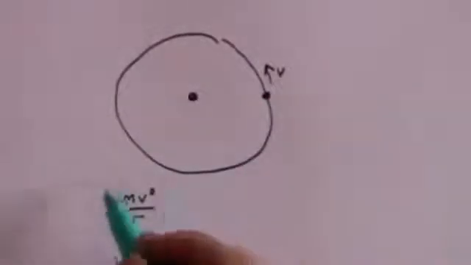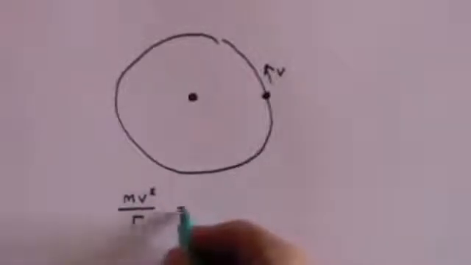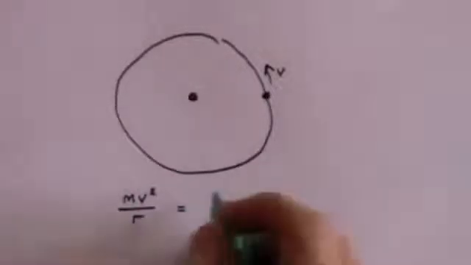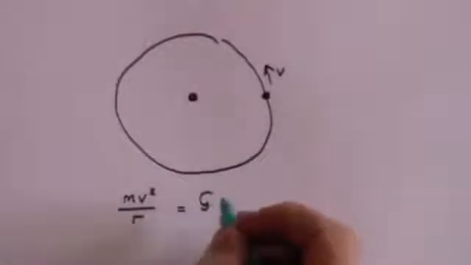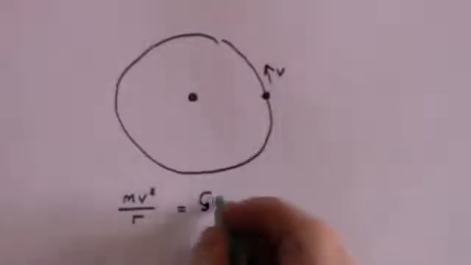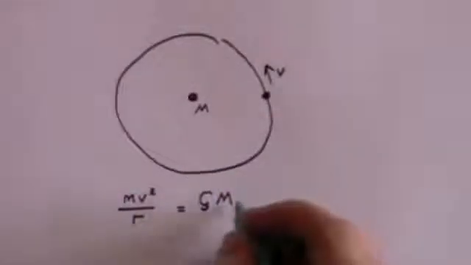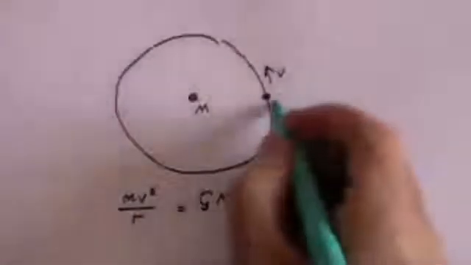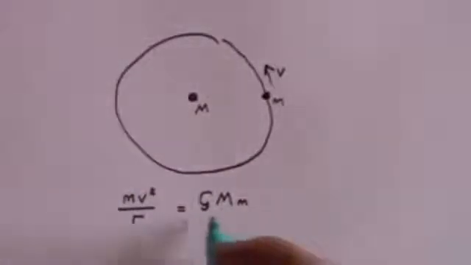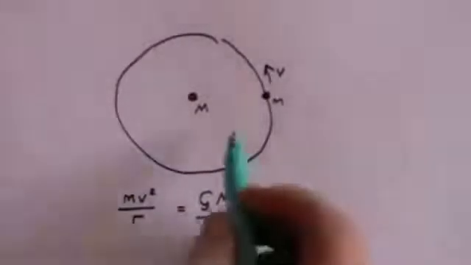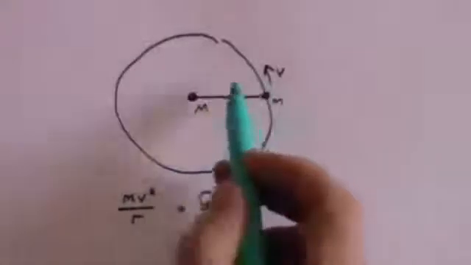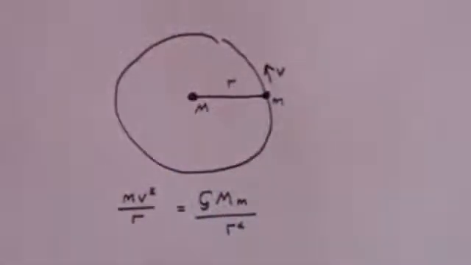And that force is provided by the gravitational force, which we said was G, the gravitational constant, times capital M, the mass of the Sun, times little m, the mass of the planet, divided by r squared, where r is the distance between the Sun and the planet.